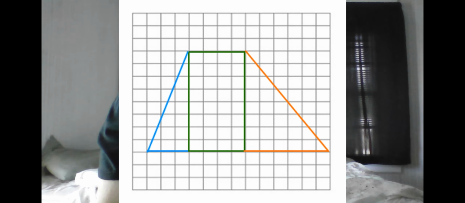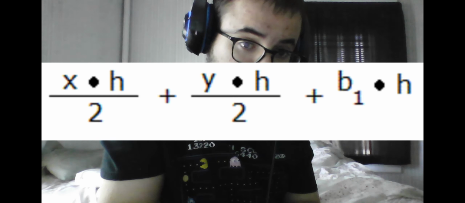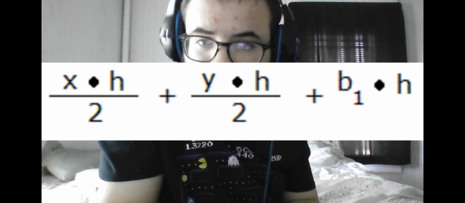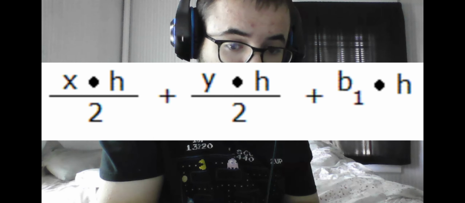Because of the way the trapezoid is made up specifically of a rectangle and two right triangles, we first plug in the area formulas for these individual areas, which in this case will be, for the left triangle, height of trapezoid times 1/2 times length of left triangle.